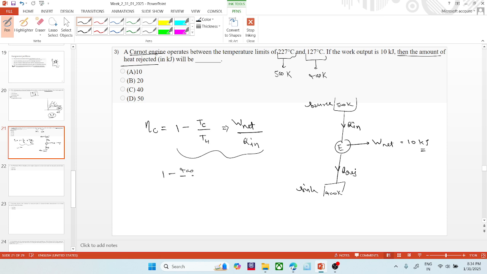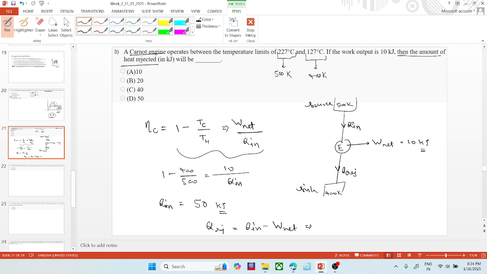1 minus 400 by 500 is equal to W net. They have provided 10 kilojoule and Q in. So from here we can determine the input heat. This I have determined, it would be 50 kilojoule. We know that the heat rejected would be Q in minus W net.